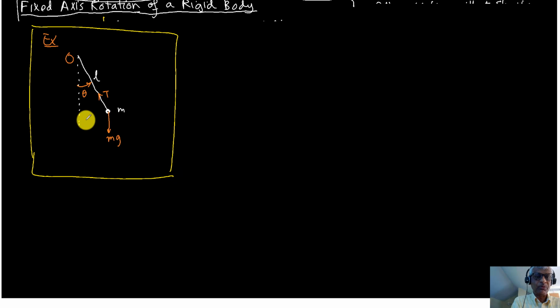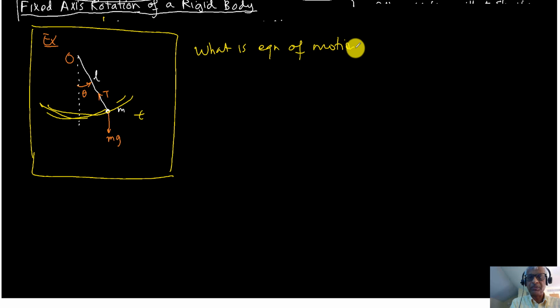It's just moving back and forth like that, and this is at some instant t, and I want to know the equation of motion. So what is the equation of motion of this pendulum?